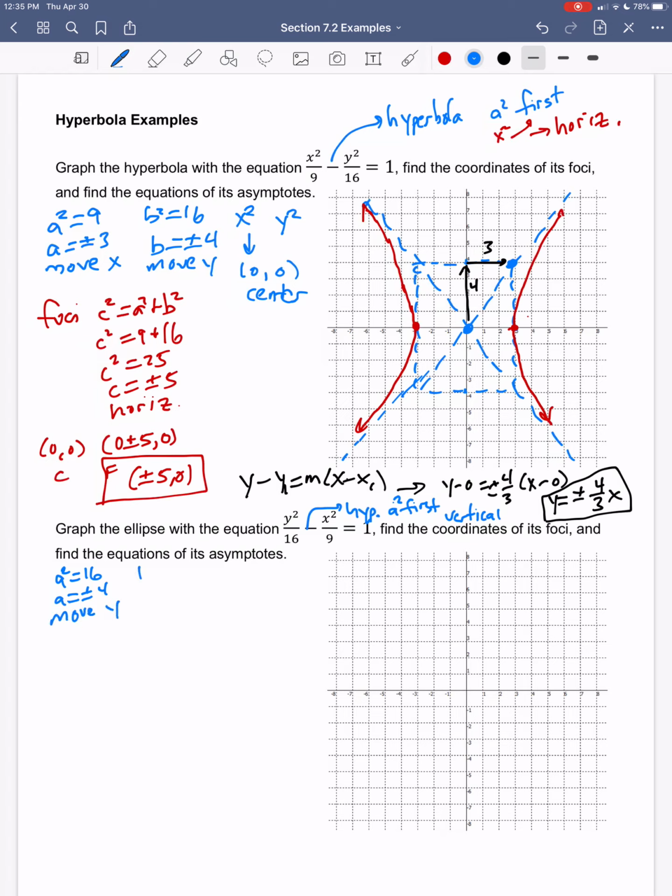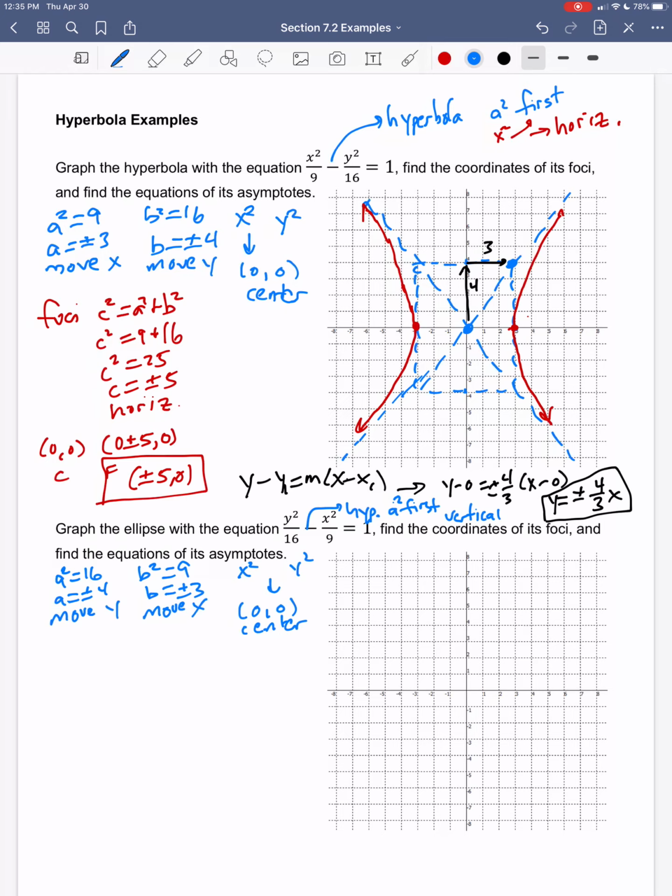The b squared is 9, that's second. So b, when I take the square root, I get plus or minus 3. That's under the x, so that's how far I'm going to move in the x direction. Since it's just x squared and y squared, my center is just 0, 0.